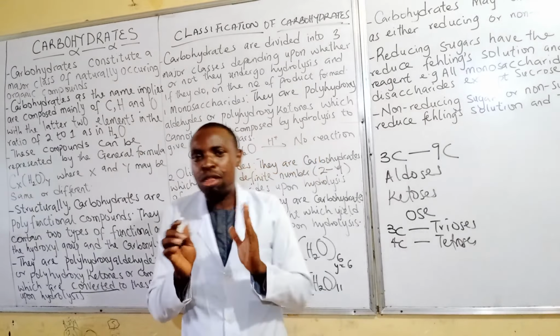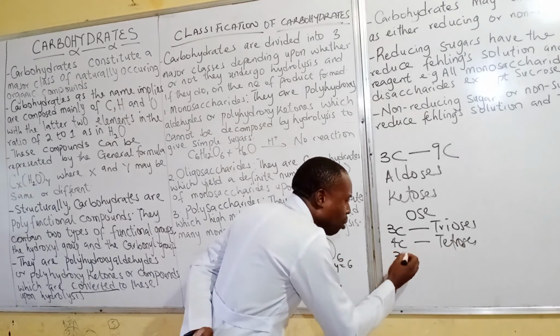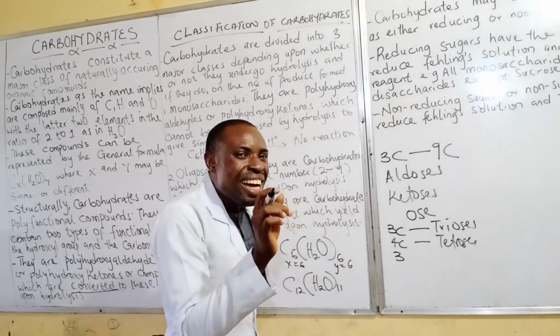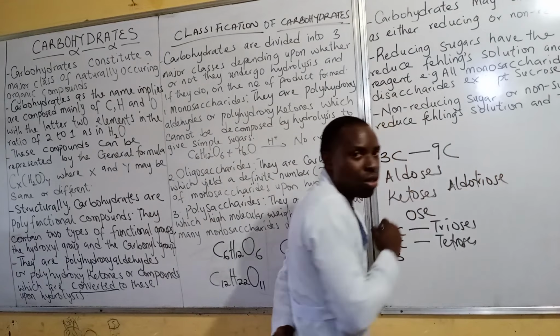Now, furthermore, we can also know that if I have a 3-carbon sugar that has the aldehyde functional group, it will be called an aldotriose.